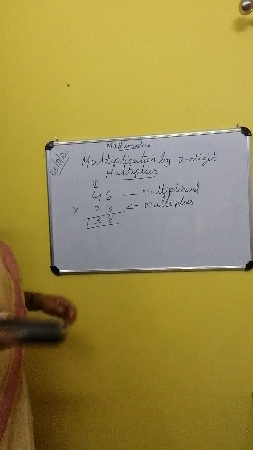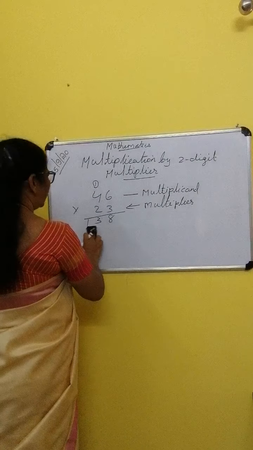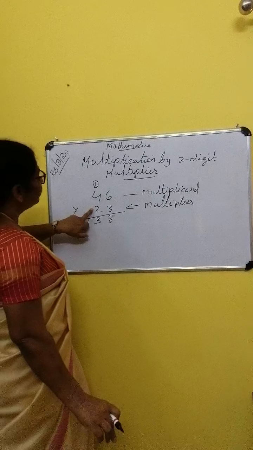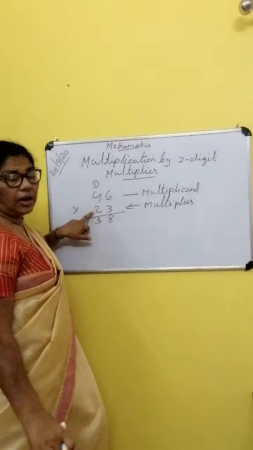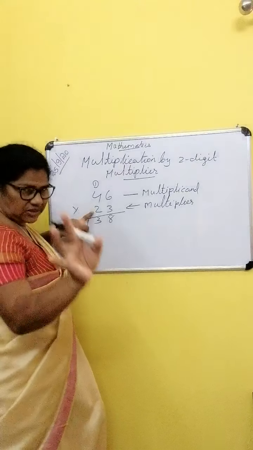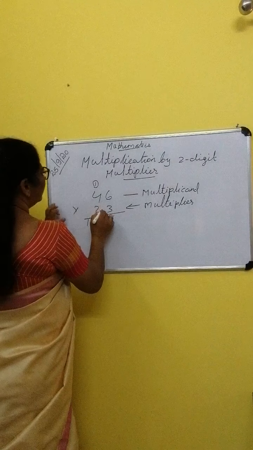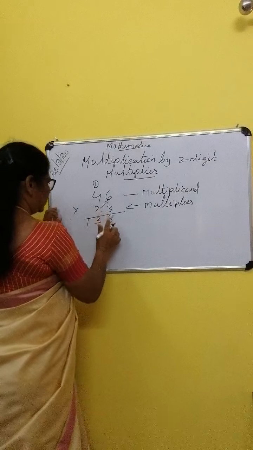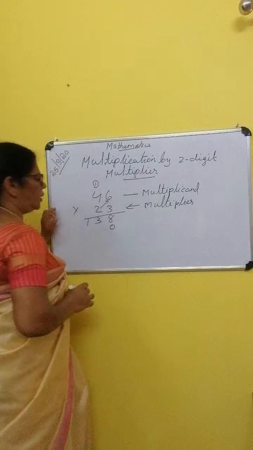This is the first step. Don't forget, this is the answer. Then we have the tens place. First you do the ones place, so first of all you put 0 here.